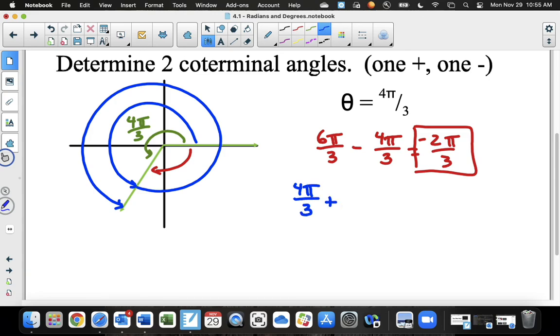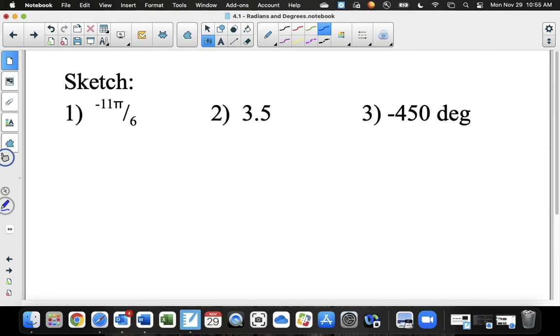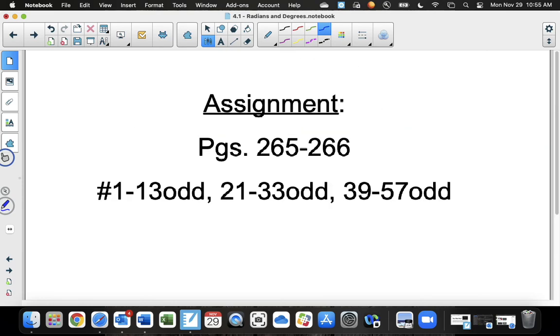To that, we can just add 2 pi, but we need a common denominator. So again, 6 pi over 3. And therefore, 10 pi over 3 would just end up in the same spot. You'd go all the way around the circle plus the 4 pi over 3. So it's a circle and a little more than a half rotation.